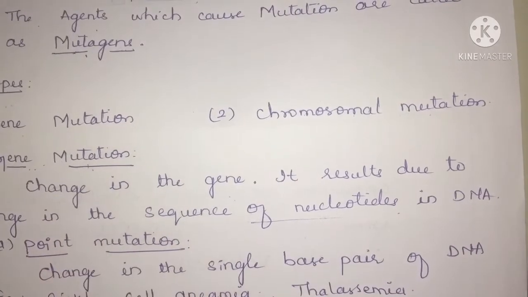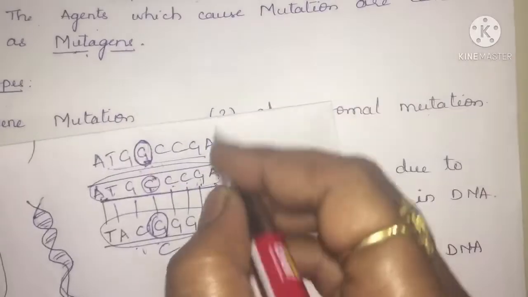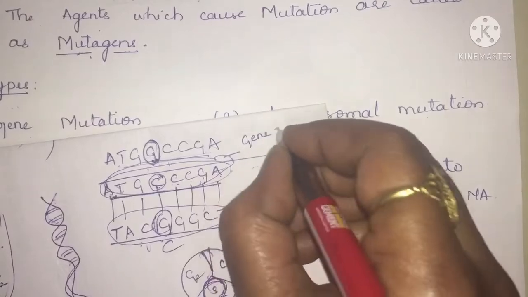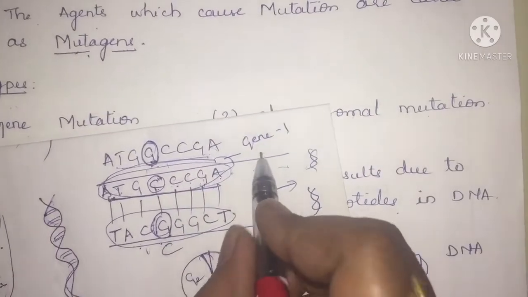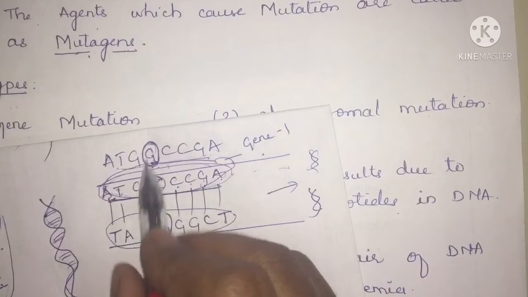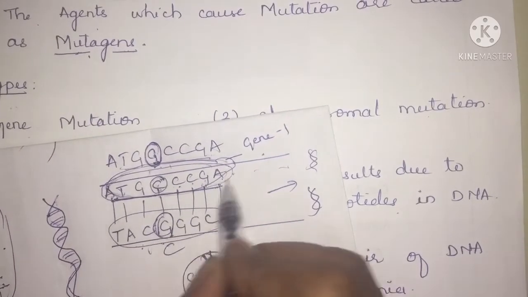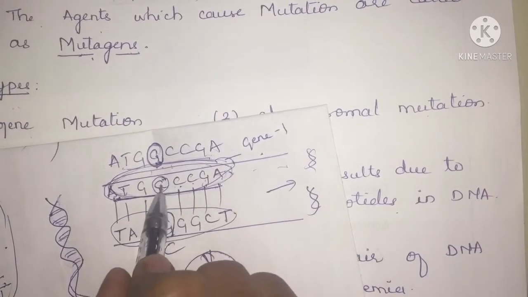Now, the sequence I have shown, let us imagine it as one gene. This is gene 1. It should have this sequence, but it has been changed. When it has been changed in a gene, we call it gene mutation.